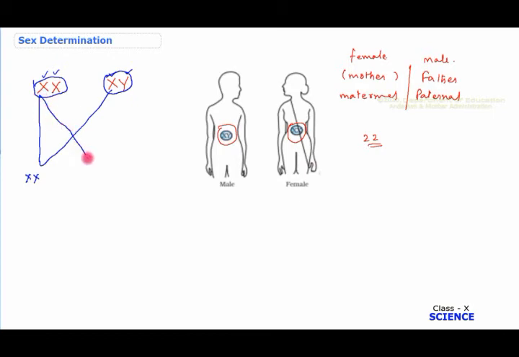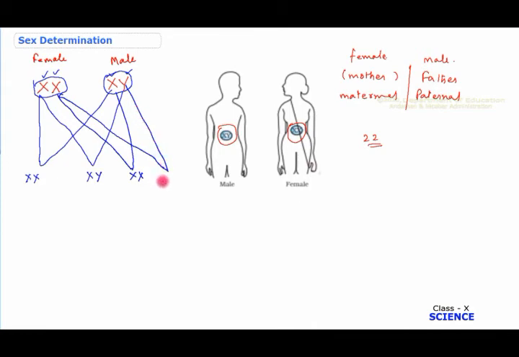The second combination is X from female and Y from male. In the third instance we can write X from female and X from male. And the fourth combination would be X from female and Y from male.